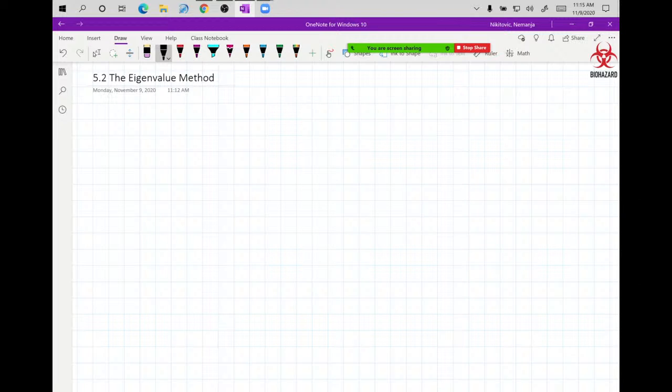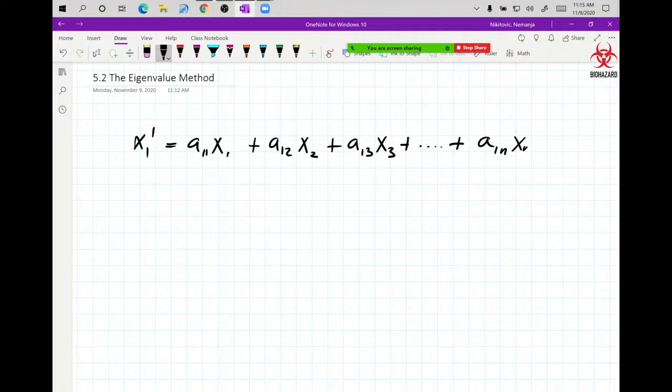You have your differential equation, which you can write as that equation with a matrix. So if you have x1 prime to be a11 x1 plus a12 x2 plus a13 x3 plus dot dot dot going all the way into a1n xn for n variables, and now you go down.